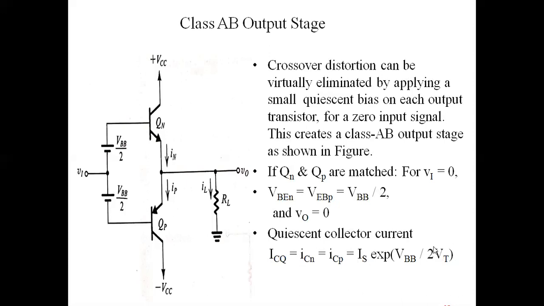Here, the value of VBB is selected to yield the required quiescent current, that is IQ or ICQ.